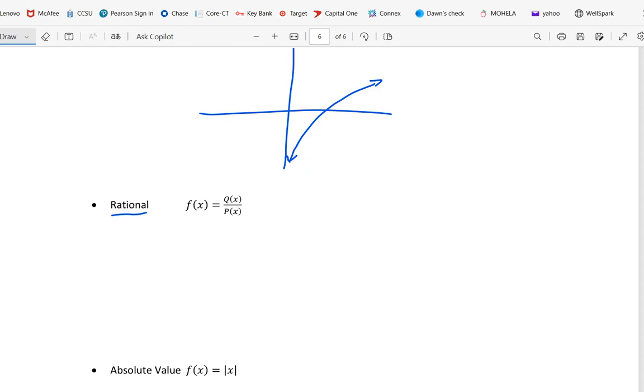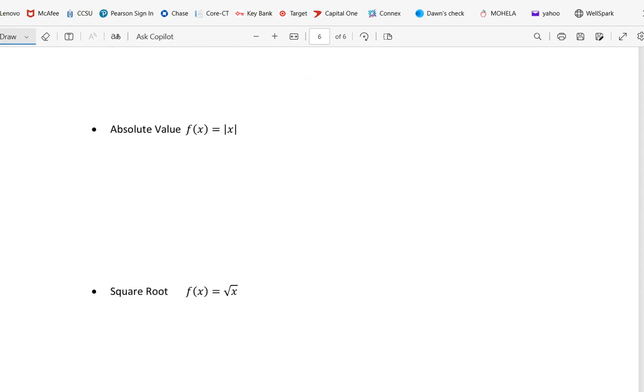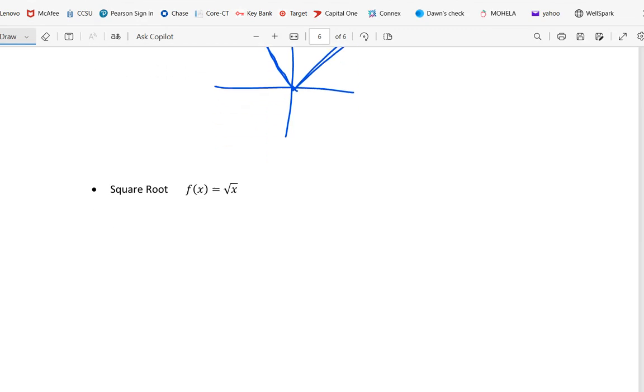I'll let you look those up on your own, since we're not going to spend too much time with those in this course. Absolute value functions, we're used to seeing those. They'll look like a V. It's not quadratic because these are straight lines, and they make a sharp point at a V. And a square root function, which starts at 0, 0, and increases. And that's basically the top half of a sideways parabola.